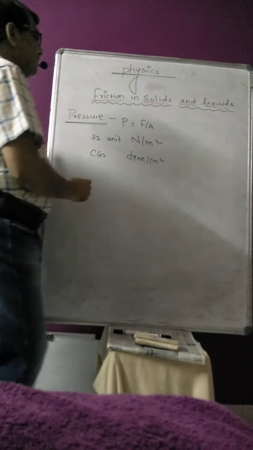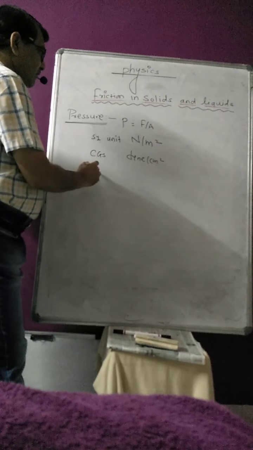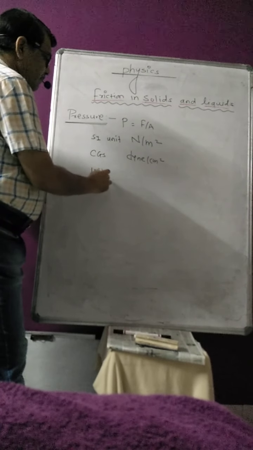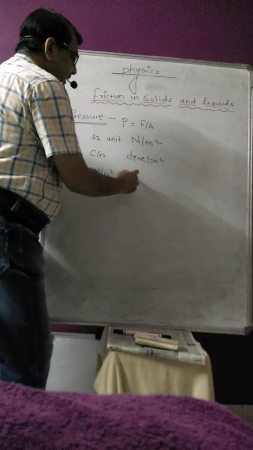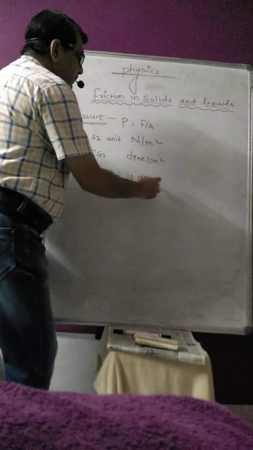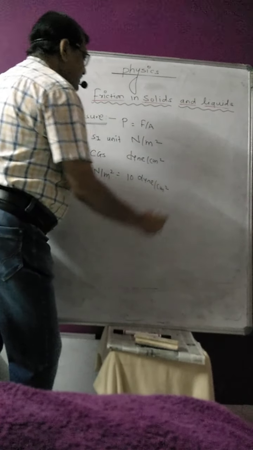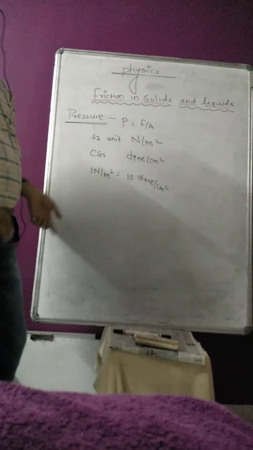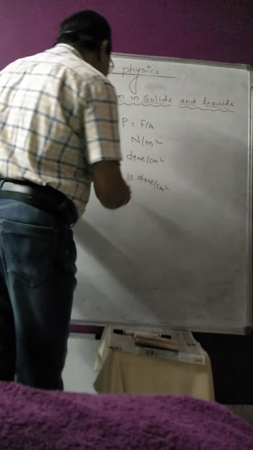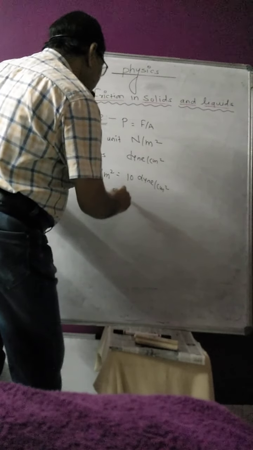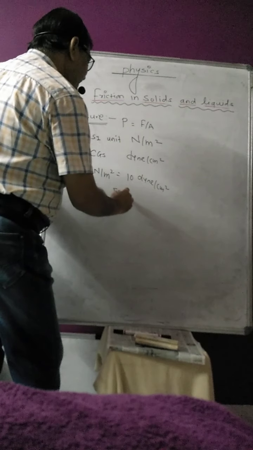What is the relation between the SI and CGS units? 1 Newton per meter square is equal to 10 dyne per centimeter square. Now, what are the dimensions of pressure? Pressure is force per unit area.